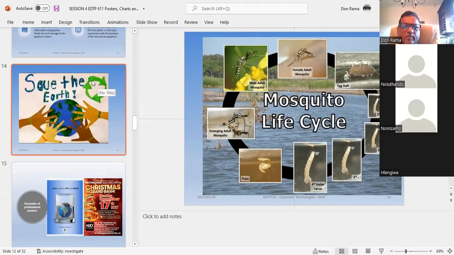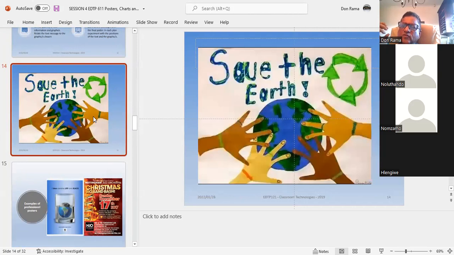That is the information about charts. The other part that we talk about are posters. Now, posters, as I said, give you minimal information, but they convey important messages. If you look at this poster, it's a very simple poster, right? And the title is Save the Earth.